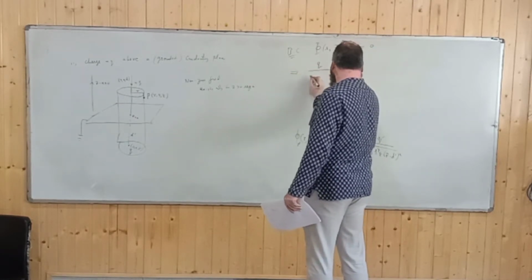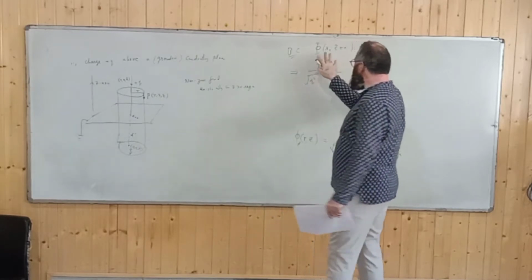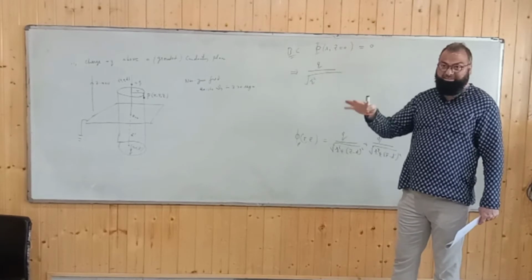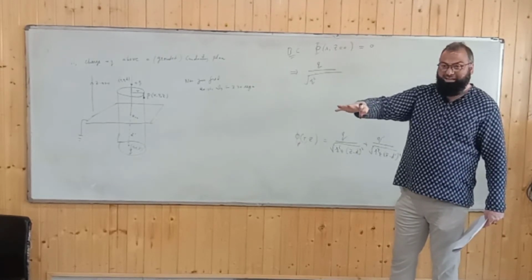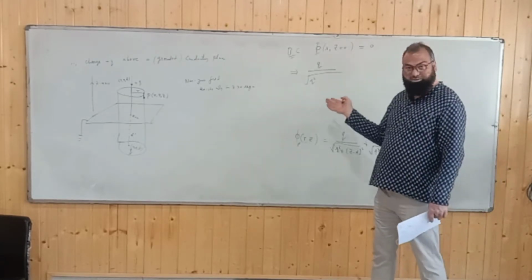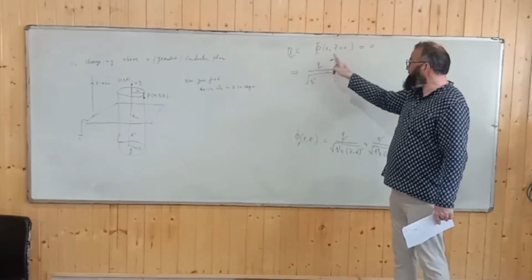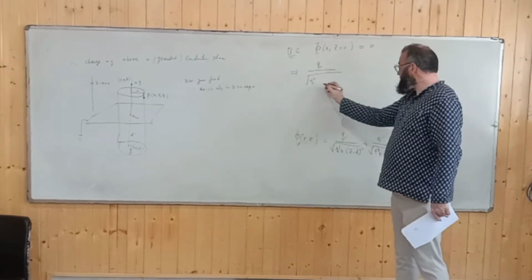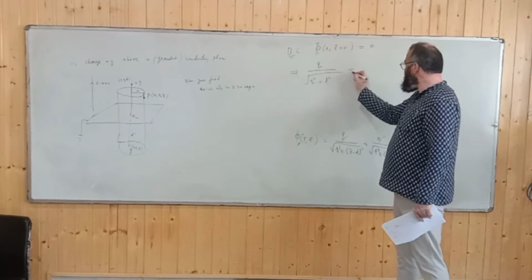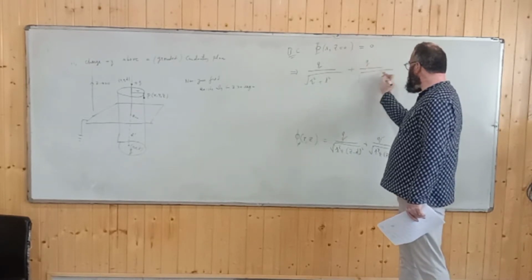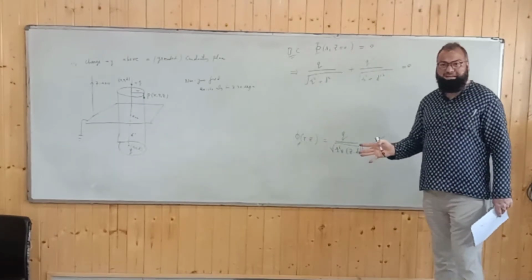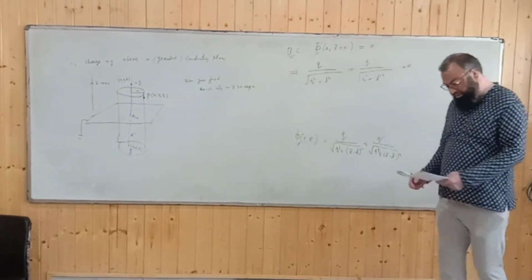It gives me q divided by root of r square plus d square, plus q prime divided by root of r square plus d prime square, that's equal to 0. This boundary condition is valid for any arbitrary r, because I am considering the potential only where z equals 0, and x and y can be arbitrary. Just multiply and rearrange the terms.